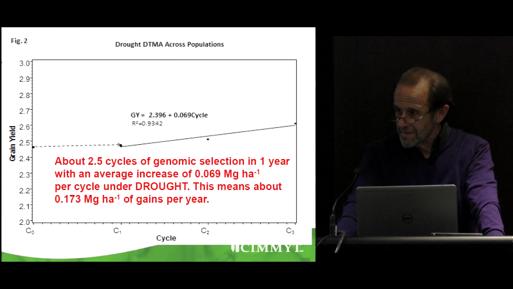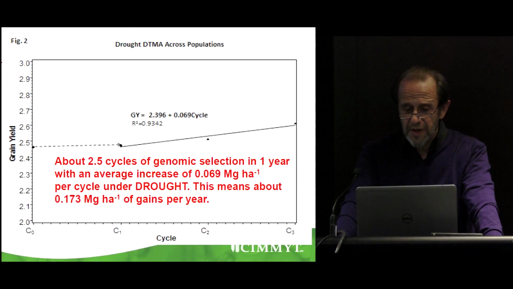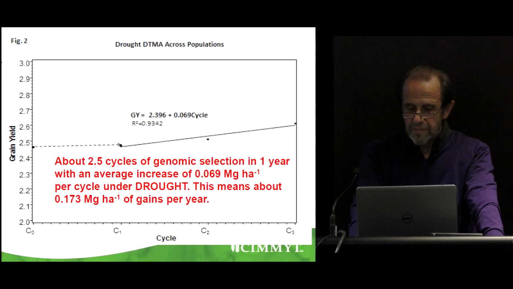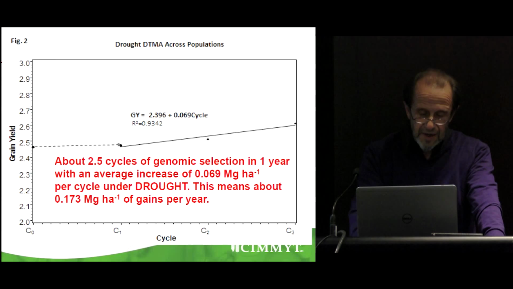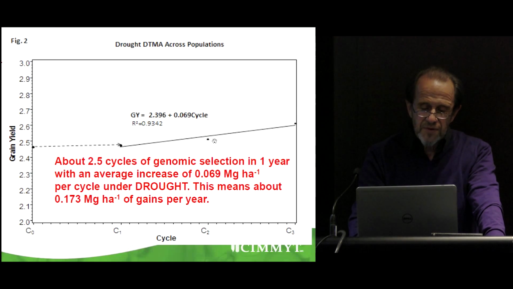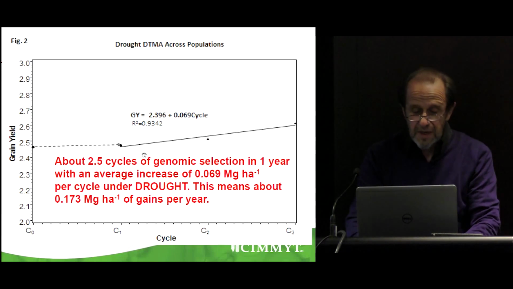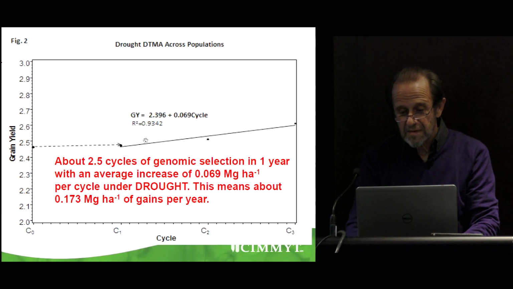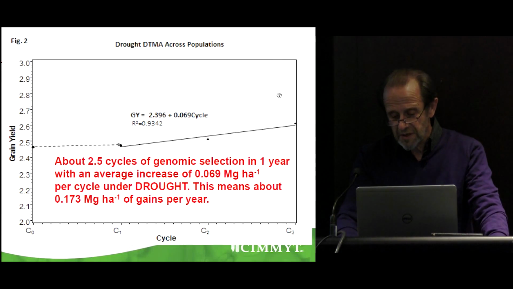How long is each cycle? In a standard one in maize, 4 years. So they were able to use about 2 cycles per year, which is a time saving. I mean, if you do it phenotypically, the line should be steeper, but this is not bad.